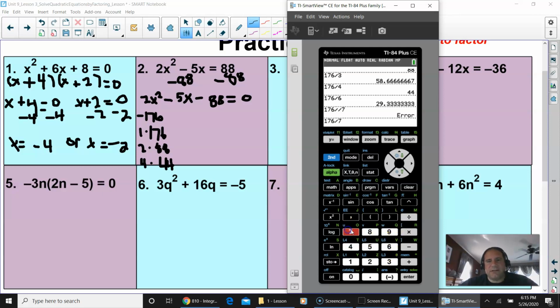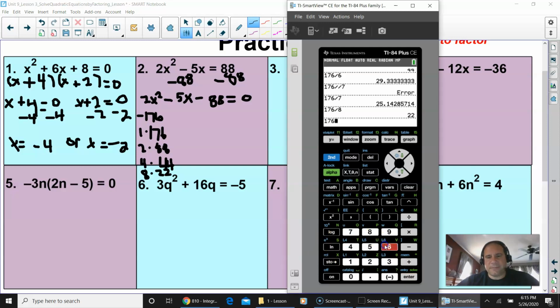That's why it's an error. No good. 176 divided by 8. All right. So here's 8 times 22. Can I make 5 out of that though? No. You have to keep on going.